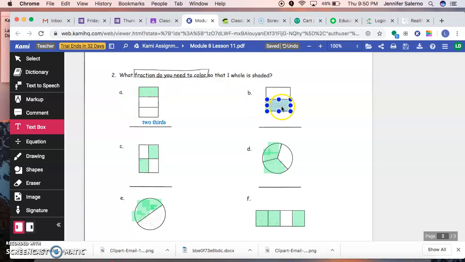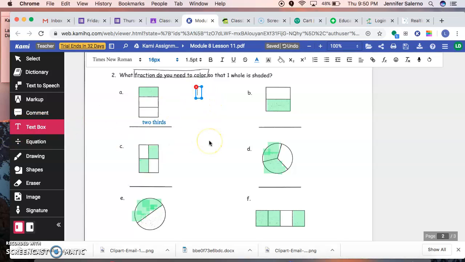Now, again, over here, you're going to do the same thing. So what I'm going to do is put a little text reminder. Look at the parts that are not shaded, okay, to help you.